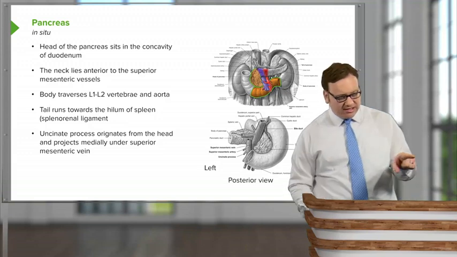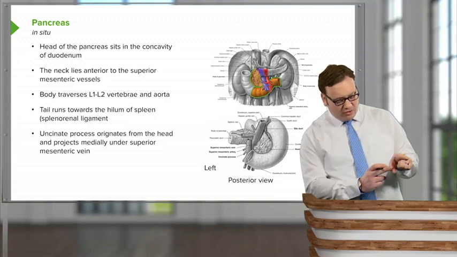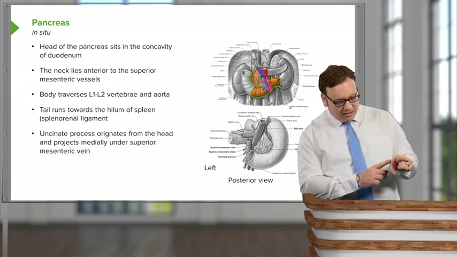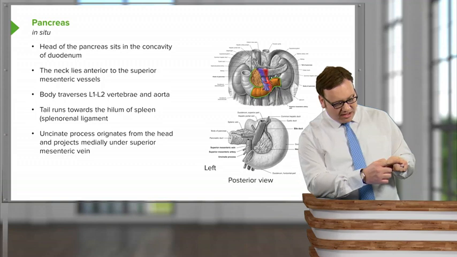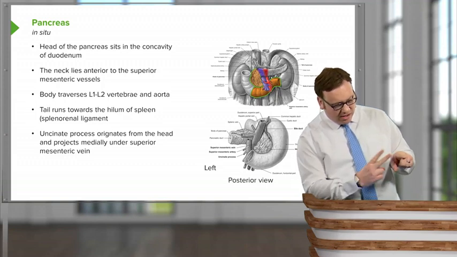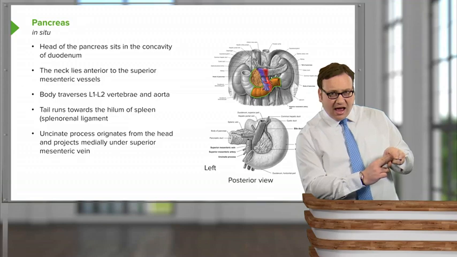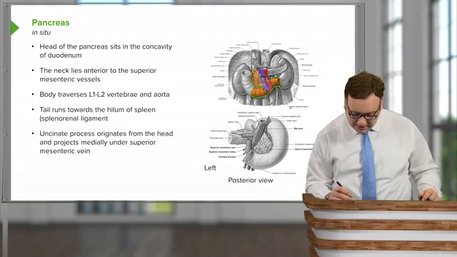So if you imagine this is our pancreas here, and we've got the uncinate process, and we have the head of the pancreas here, we've got the neck and the body and the tail, and we've got two superior mesenteric vessels running up in this direction, anterior to the uncinate process and then posterior to the neck. And that's hopefully what we can see in this diagram.